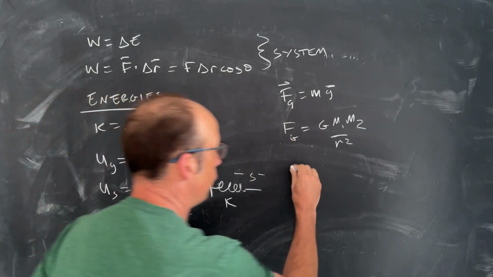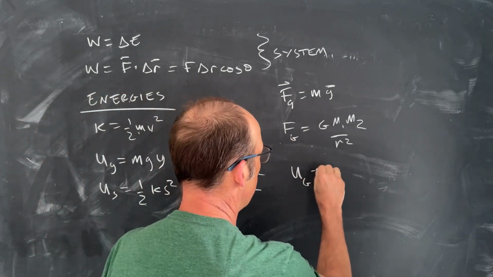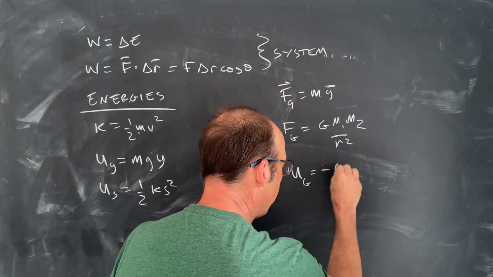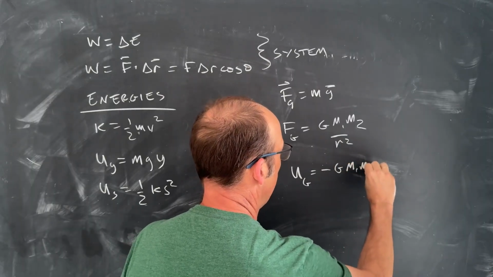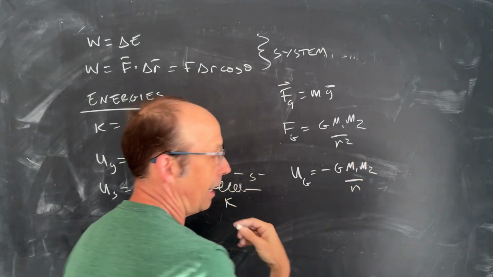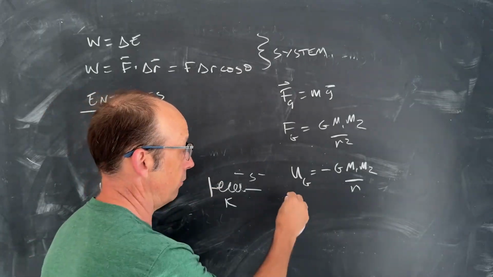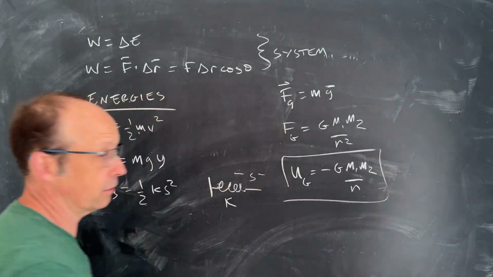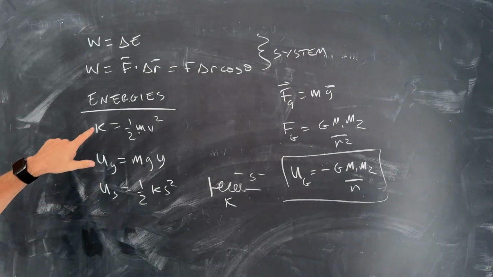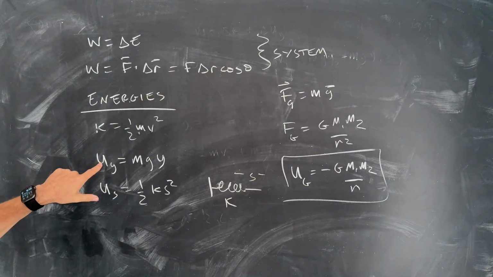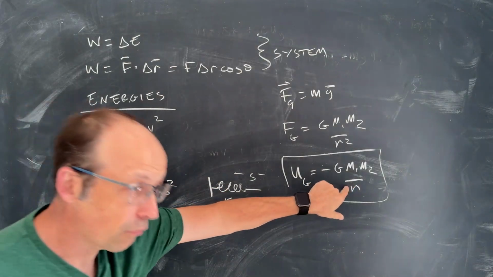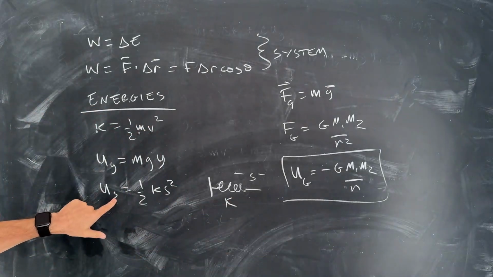So we have universal potential energy. Ug is negative G m1 m2 over r, and the negative may not make sense. It doesn't matter. It's a change in potential that matters. Okay, so that's my real gravitational potential energy. So I have kinetic energy, close to the surface of the Earth potential, real gravitational potential, spring potential.